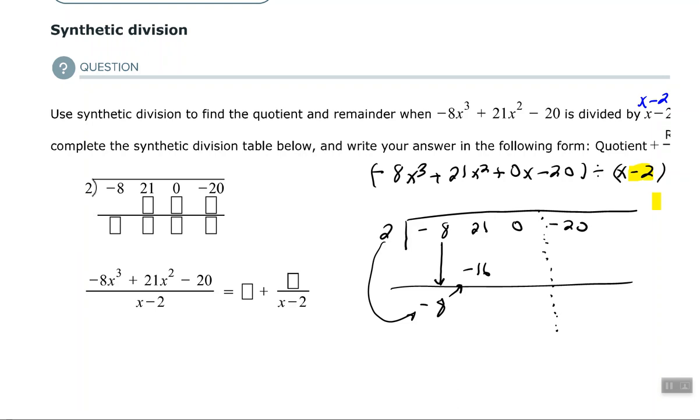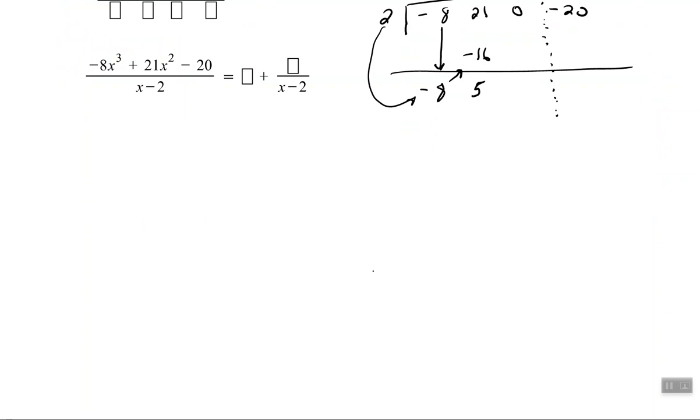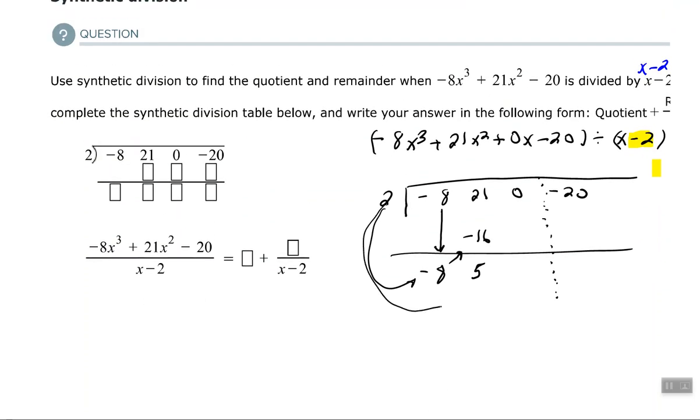So we bounce that up. 21 minus 16 is positive 5. 2 times positive 5 is positive 10. 0 plus 10 is 10. 2 times 10 is 20, positive 20. And then negative 20 plus 20 is 0.